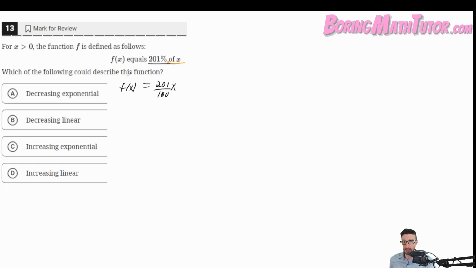Well, it is in the form of y equals mx plus b. So it's definitely linear. And is it increasing or decreasing? Well, what matters is the slope. If the slope is positive, then you can guarantee that the thing will be increasing, and we're done with the problem.